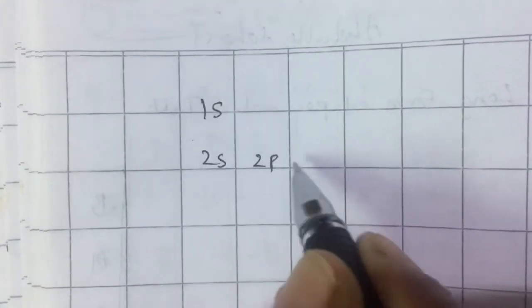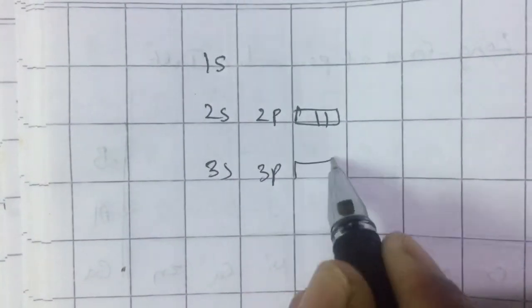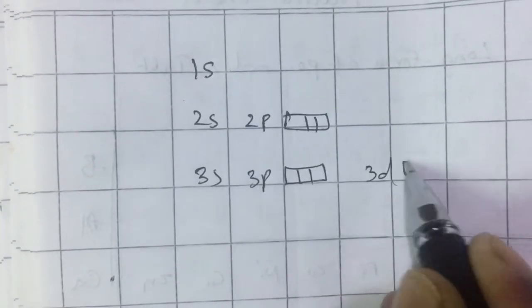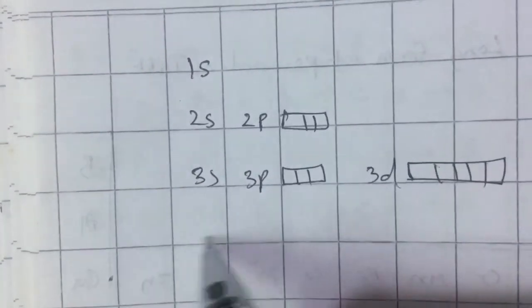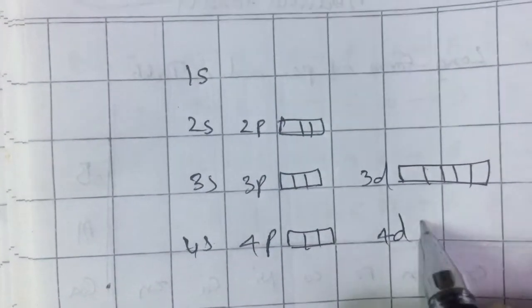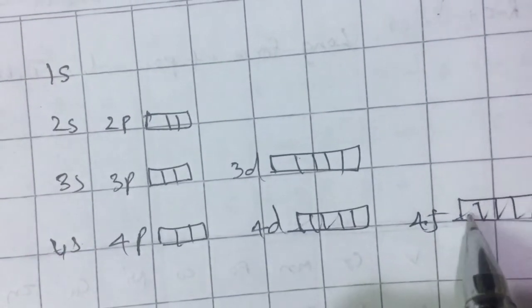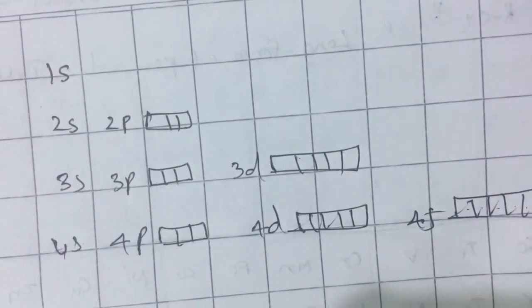Now let us see what type of orbitals we have considered so far in the different levels: 1s orbital, 2s, 2p orbital set, that is 3, 3s, 3p set of 3 and 3d set of 5, 4s, 4p, 3, 4d, 5 and 4f, 7. Let us consider only this 1, 2, 3, 4, 5, 6, 7.